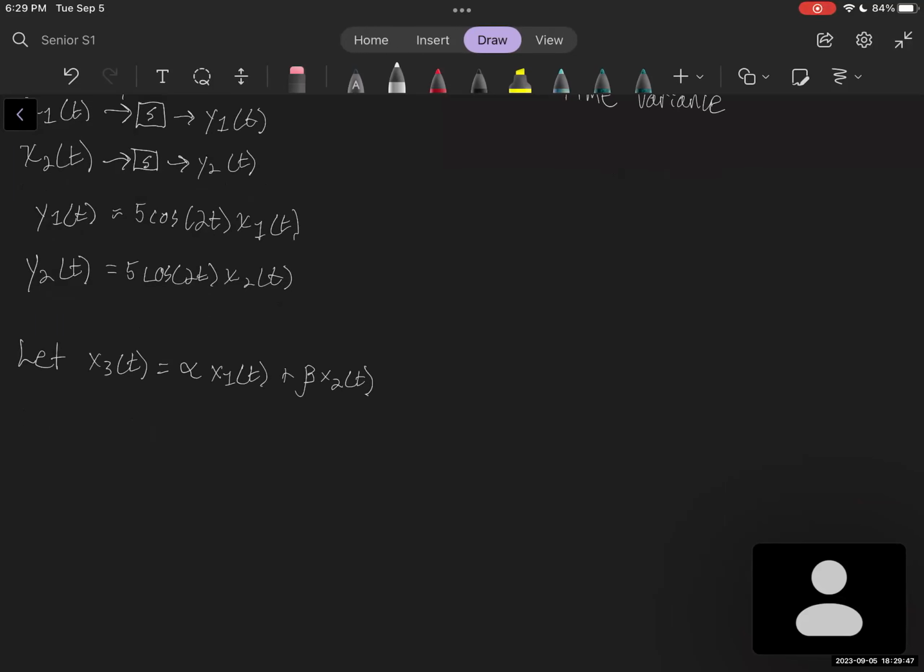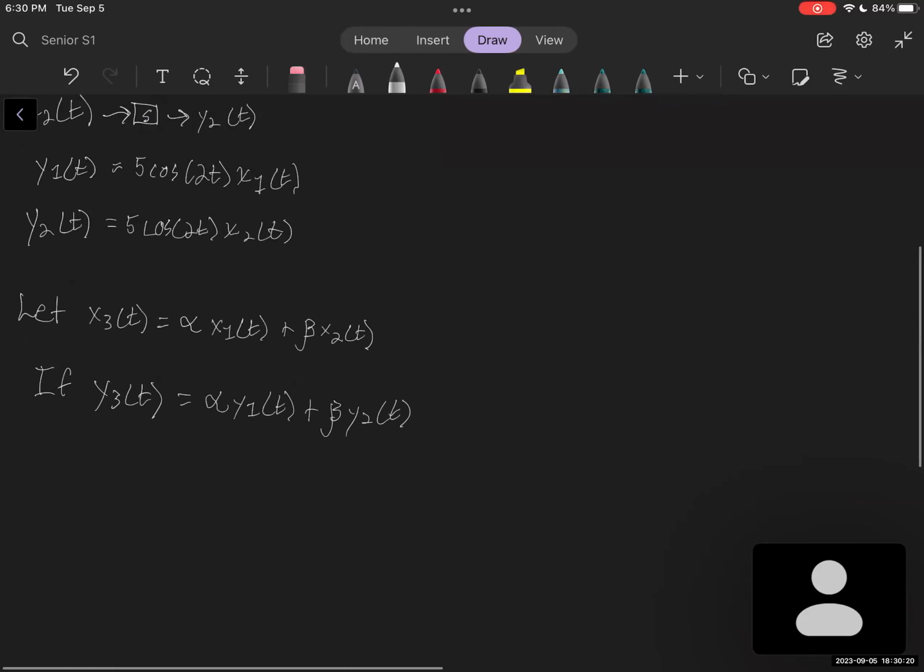We can pass that function through our system and ask, does this give us the same output as our original inputs separately? If our output term is equal to the scaled and added version of our two previous outputs, we can say the system is linear.